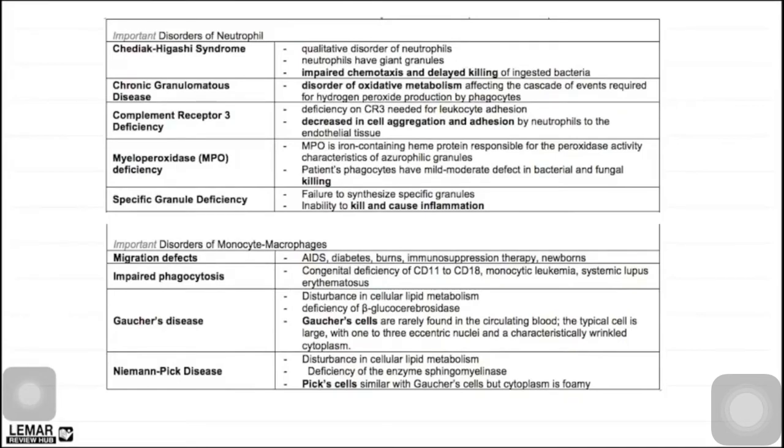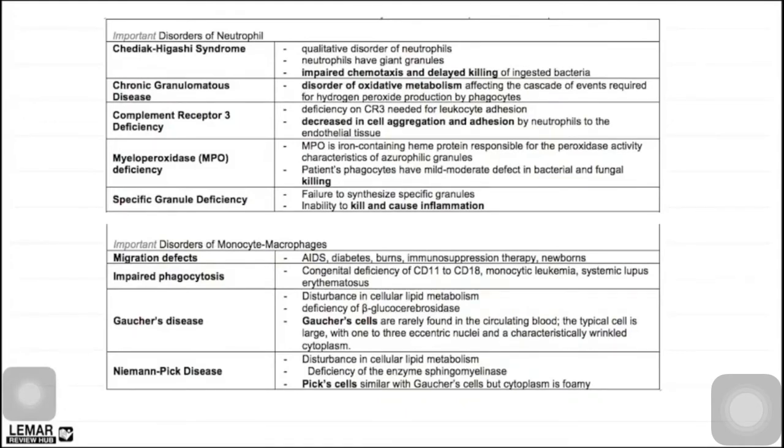So we have Chediak-Higashi syndrome. This is a condition representing a qualitative disorder of neutrophils. This disorder is expressed as an abnormal granulation of neutrophils, which contain giant granules. Neutrophils with giant granules display impaired chemotaxis and delayed killing of ingested bacteria.